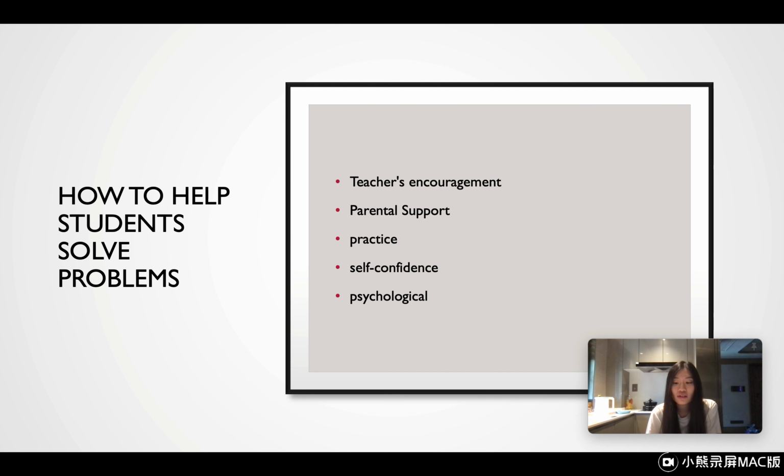The knowledge taught by the teacher in the class usually needs to be practiced and consolidated. We must let the students know the importance of practice.